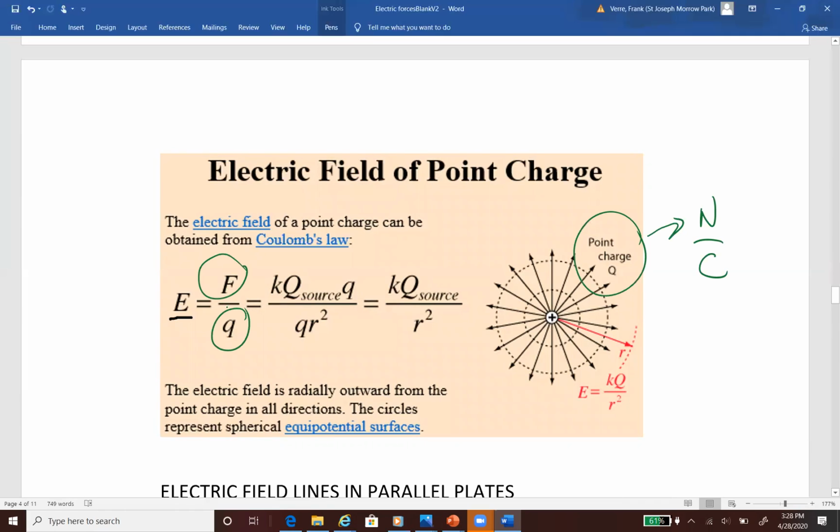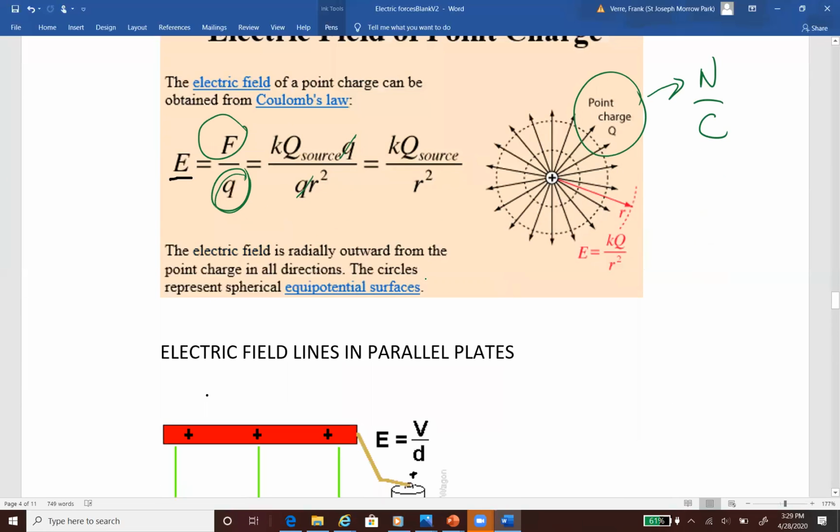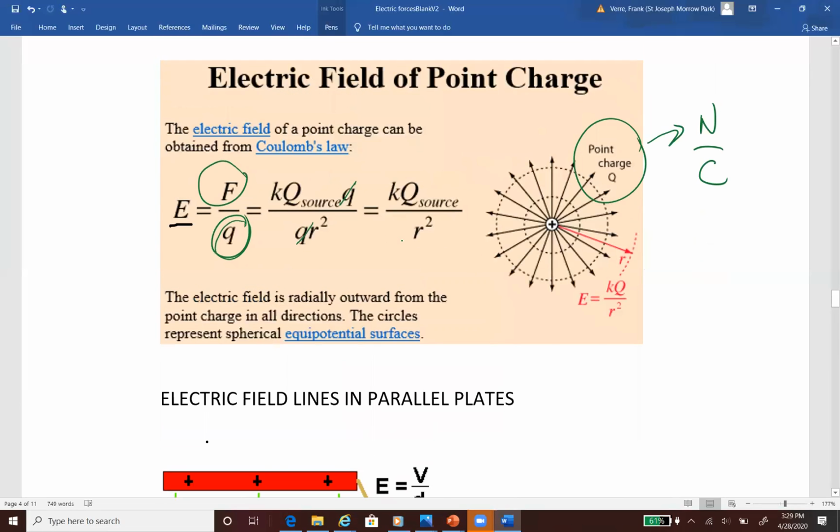So if it's force per charge, you can simplify this, because the Q's would cancel out, to K times the source that's generating the electric field over R squared. This would give you the electric field strength for any point charge, K Q over R squared, or simply F over Q.